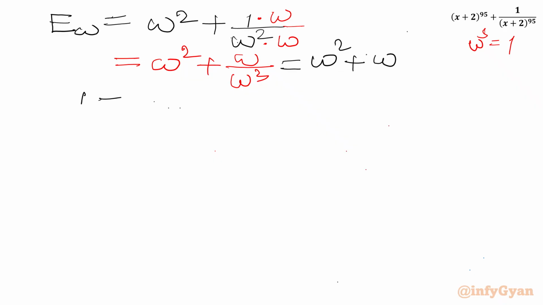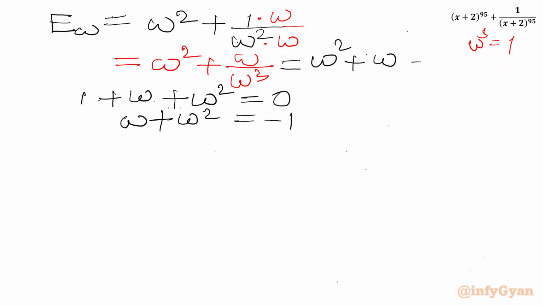So 1 + omega + omega square is equal to 0, so omega + omega square will be negative 1. So we get our final answer negative 1 for x + 2 equal to omega.